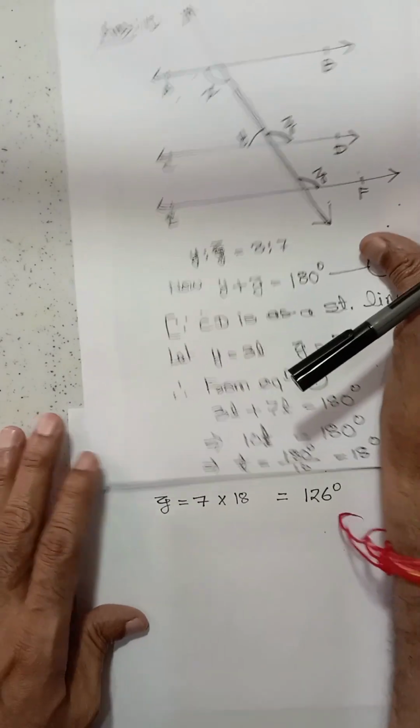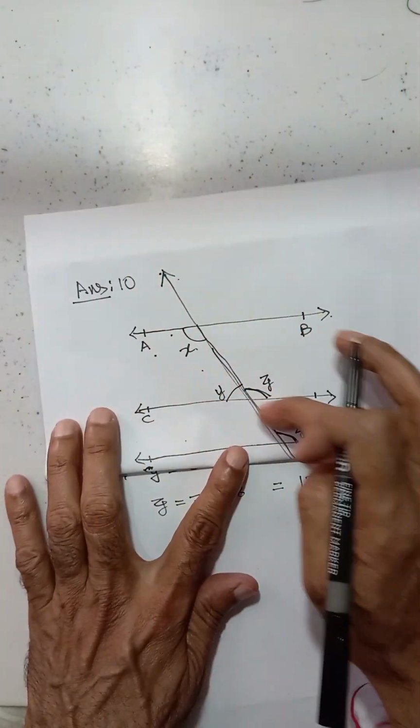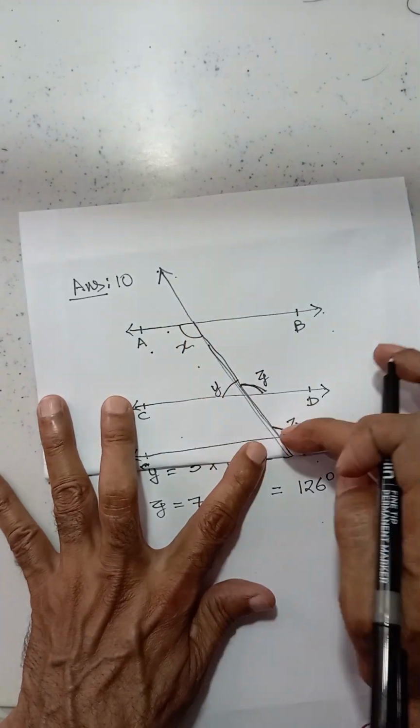But see the figure once again. X and Z are alternate angles, because Z is here, so Z is here. Here also it is alternate.